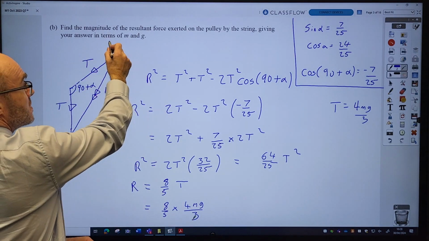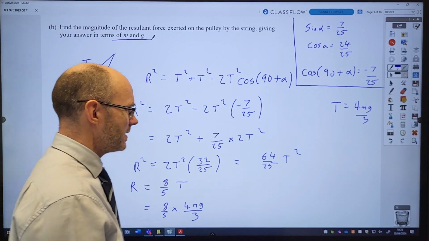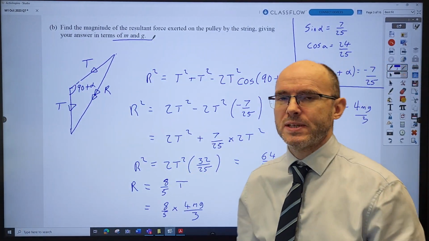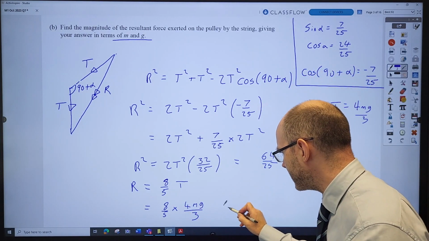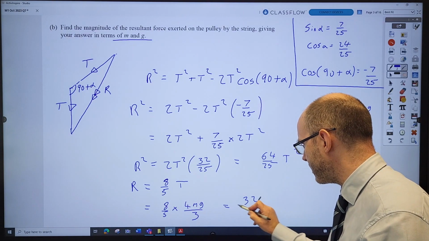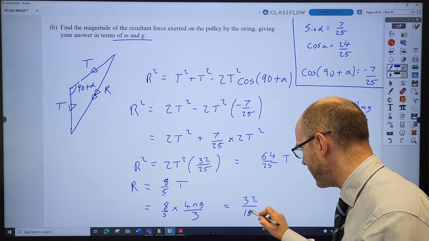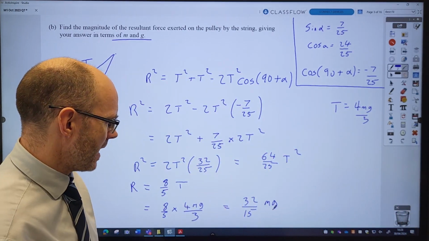Leave your answer in terms of m and g, which is nice; it's nice that you're expected to have mg in the answer, aren't you? So I'm just going to do 8 times 4 is 32, and 5 times 3 is 15. That won't simplify as a fraction. So 32 over 15 mg.